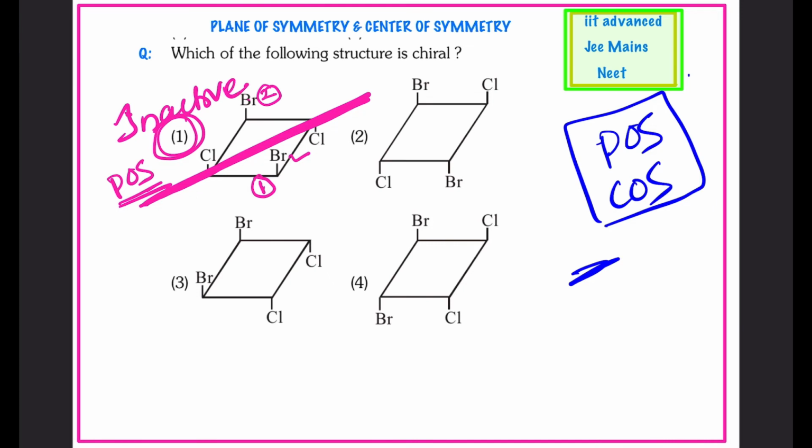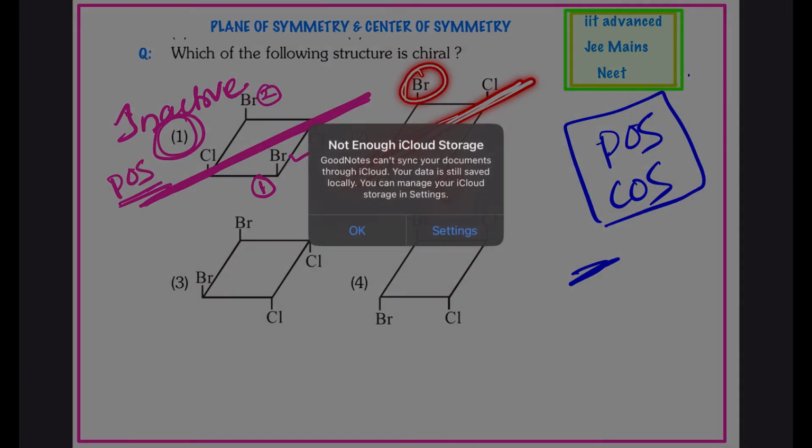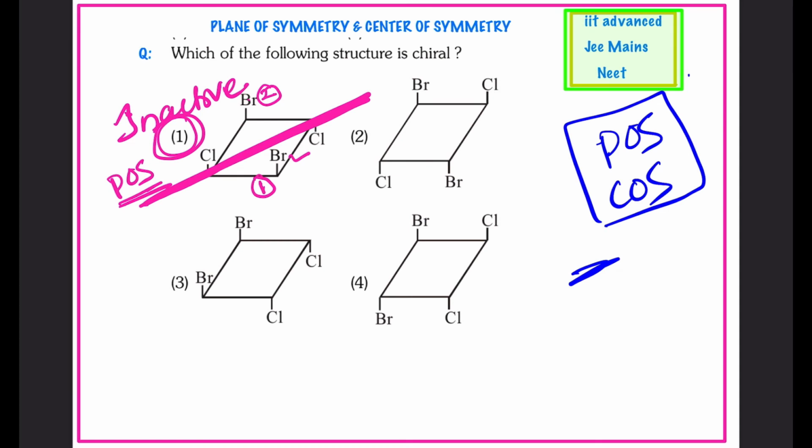Now let's see option number 2 here. Even in option number 2, we don't have any plane of symmetry, because if we cut from here, this bromine is lying above the plane and this is below the plane. If I cut from here, chlorines are in opposite planes, so it has no plane of symmetry.